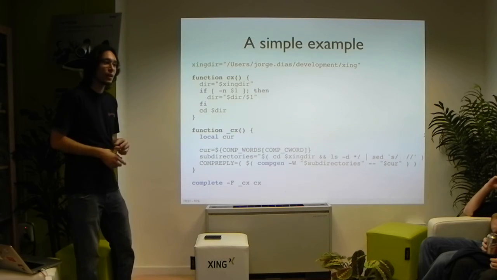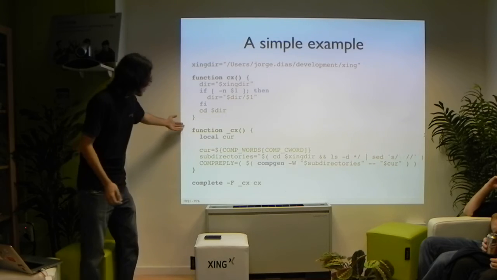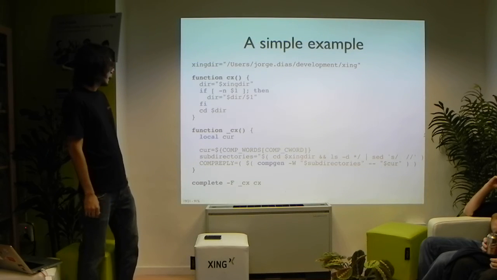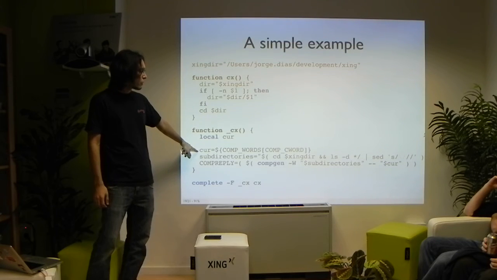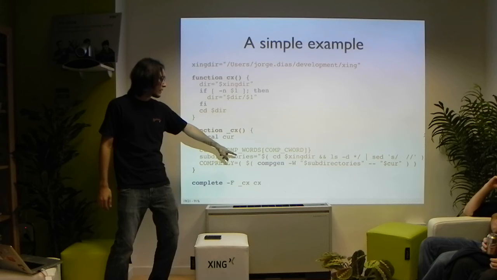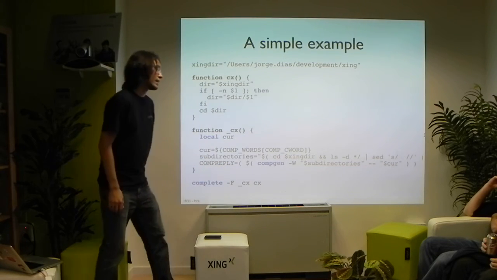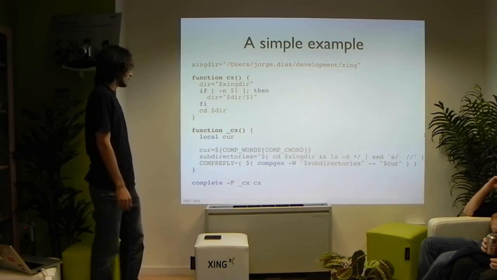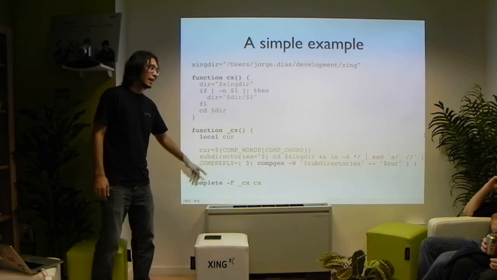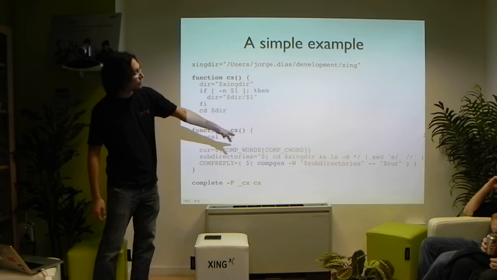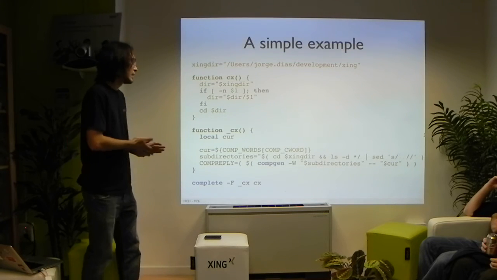But then I was tired of always trying to remember the exact name of the project I'm trying to use. So the auto-completion function comes in. If you see here, the first thing I'm saying is, okay, give me my current word. As I said before, this is an array of all the words currently in the command, and this is the index. So whatever I have there is my current word. And then I say, okay, give me all the subdirectories that I have there. It's a small function that goes to that directory and gives me a list of all subdirectories in the path.